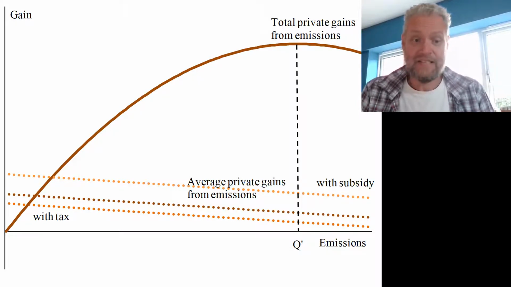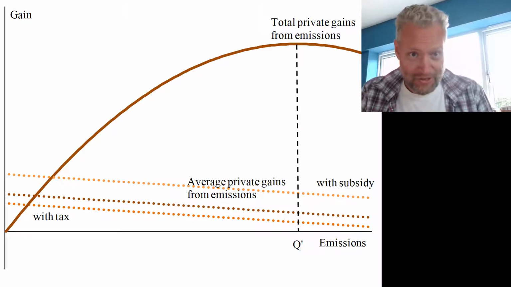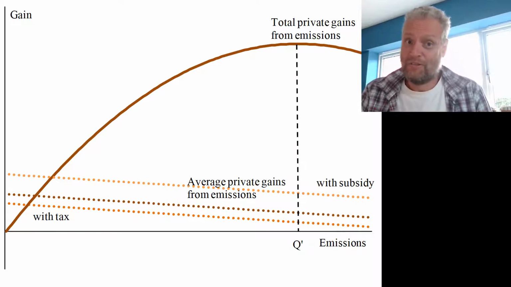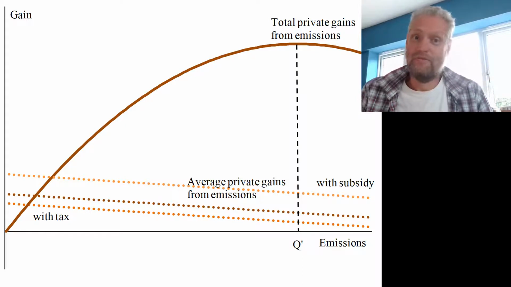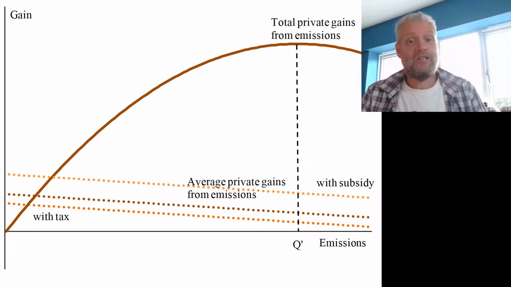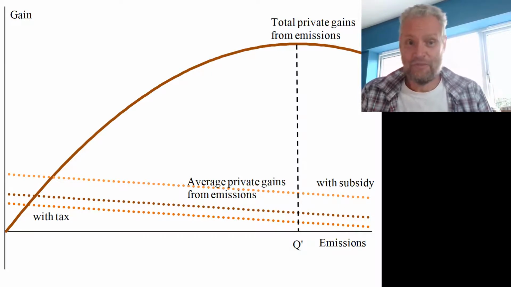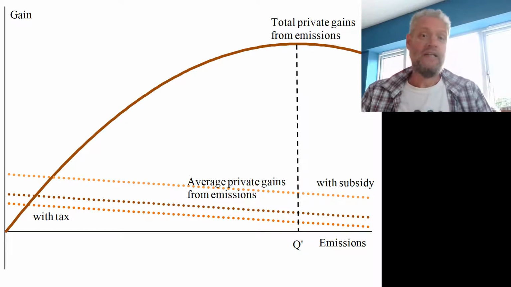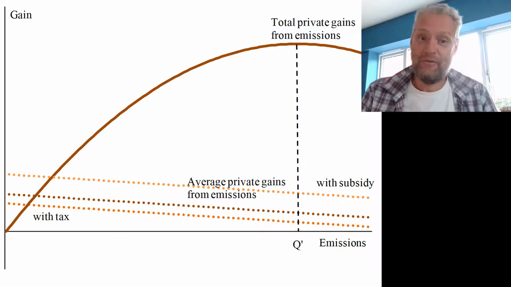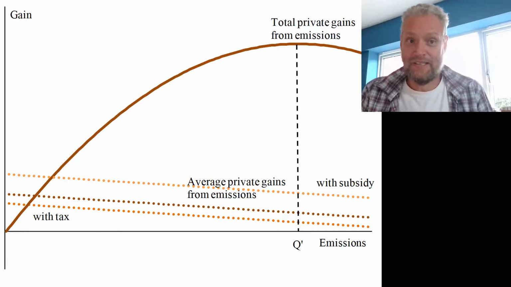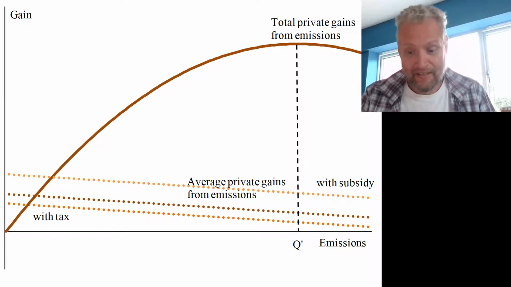That implies that a tax reduces your profitability, and therefore it reduces your returns on capital, and therefore capital flees from the polluting sector. With a subsidy, your profits increase, your average profits increase, not your marginal ones, but your average do. Therefore your profitability increases, and therefore new capital flows into the polluting sector.